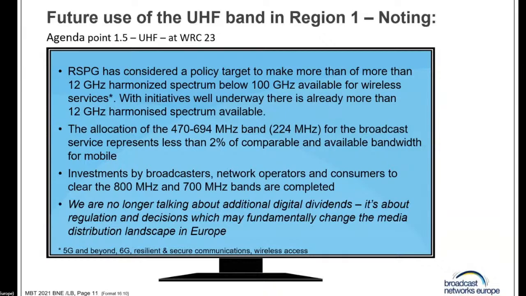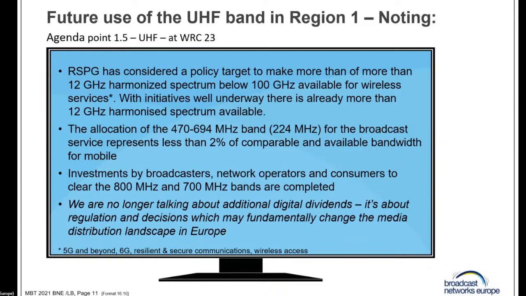The Radio Spectrum Policy Group within the European Commission has actually set the policy target to make more than 10 gigahertz of harmonized spectrum below 100 gigahertz available for wireless service, and that's 5G, 6G, and mobile, whatever.